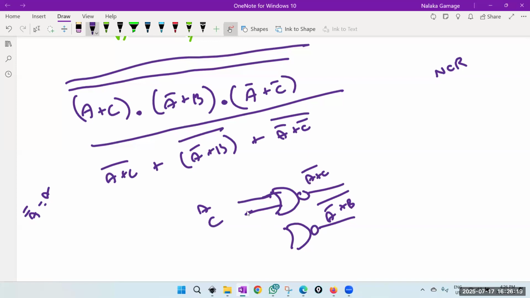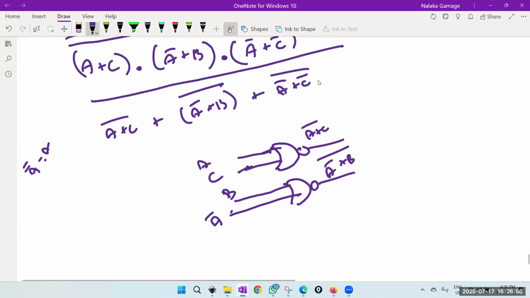So this A I will take anyway, and this I will take as C bar. Sorry, not C, A. I want A bar. Of course, I can take A and use a NOR gate to convert it, but I will just take it because the examiner says it's available. A bar is available and B is available, so this is A bar plus B bar. Now I need A bar plus C bar bar.